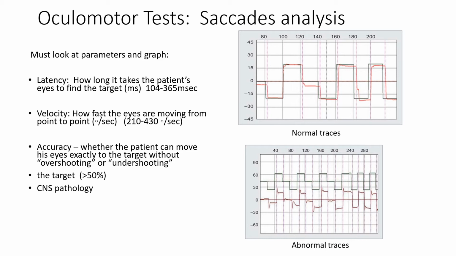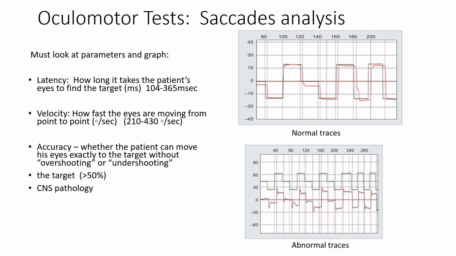The mean latency is about 104 to 365 milliseconds. And then for the velocity, or how fast the eyes are moving from point to point, the normal range is about 210 to 430 degrees per second.